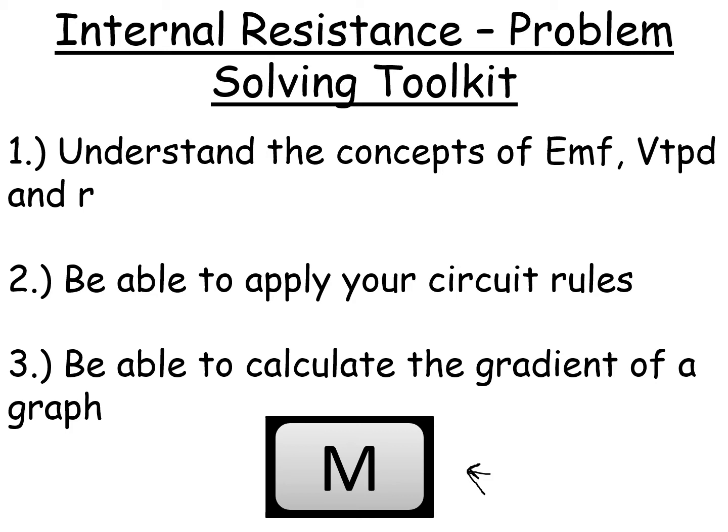Be able to apply your circuit rules. Again, if you look at your table of ideas, then you know what those circuit rules are. Be able to calculate the gradient of a graph. Now, I've just been through this with you just now, so you may want to add this on to your physical learning sheet when you come to do this, right?